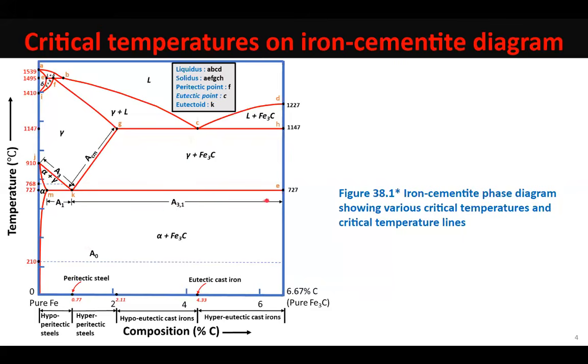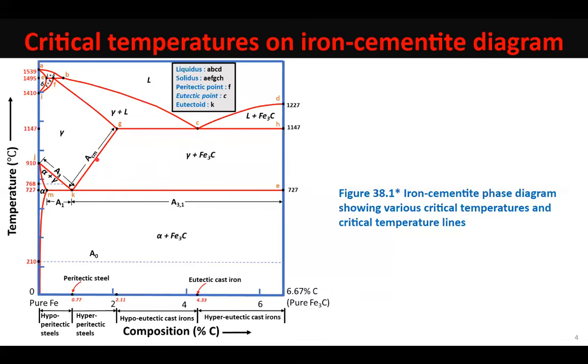This KE is the A3 line, another line representing the A3 temperature. Then we have this A2 line, this blue line that you can see over here. Then we have this A3 line, JK, and finally we have this KG line, which is ACM, CM for cementite.